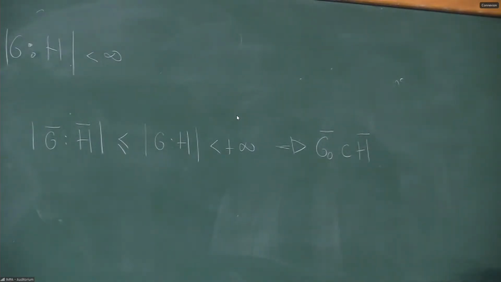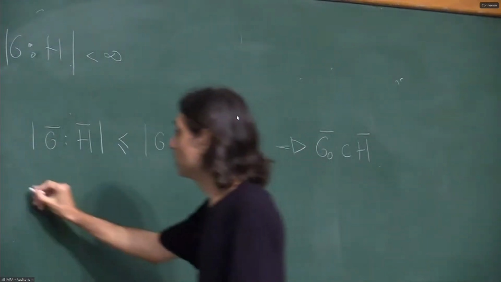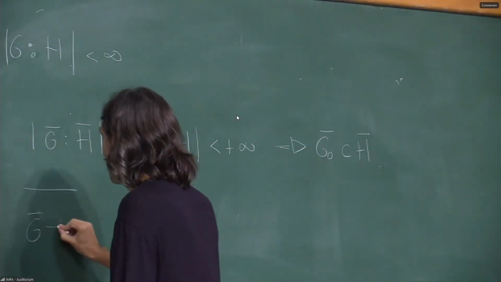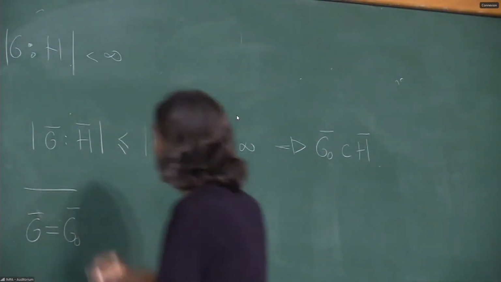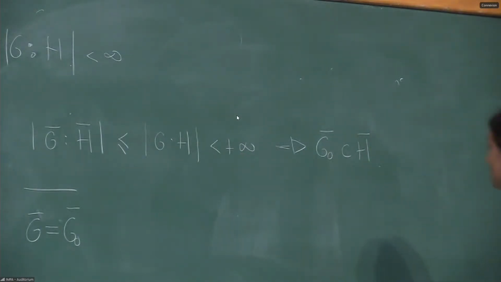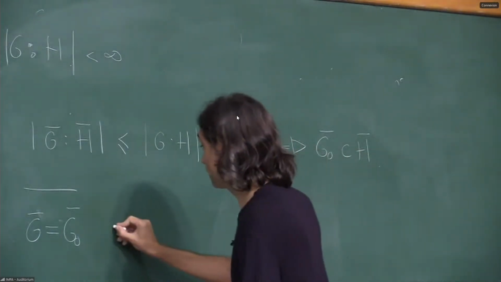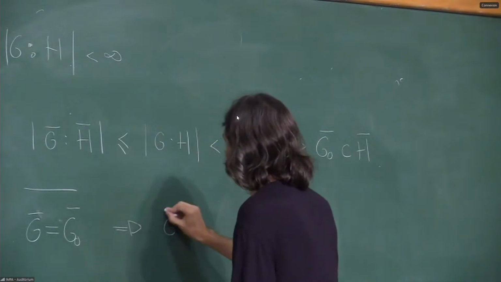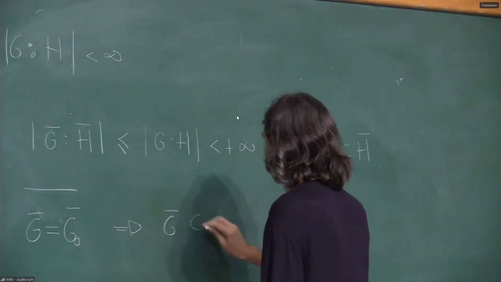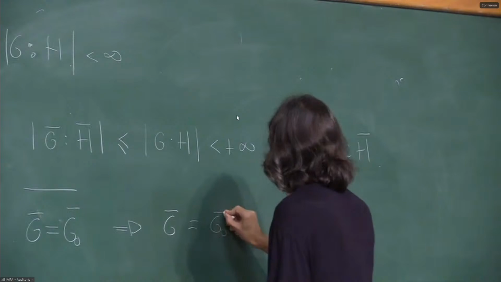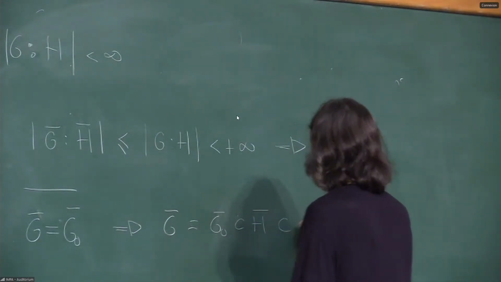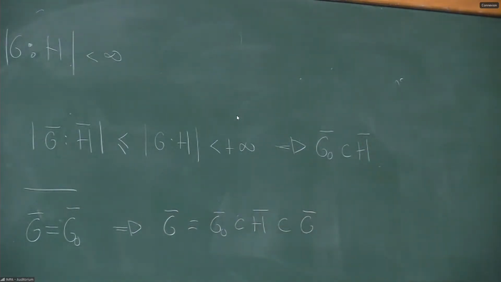This happens every single time that you have a finite index subgroup. This is general. But now, if you assume that your G has a connected closure, then you have this, and so all these groups are equal.